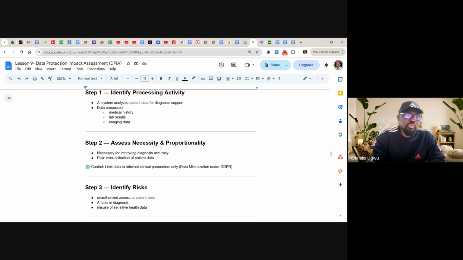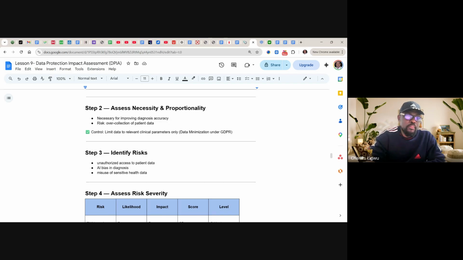So now we've carried out an assessment of necessity of that data and proportionality. Yes, it's necessary. We cannot bypass it. So all we need to do is make sure we get as minimal as possible. And then number 3, identify the risk.